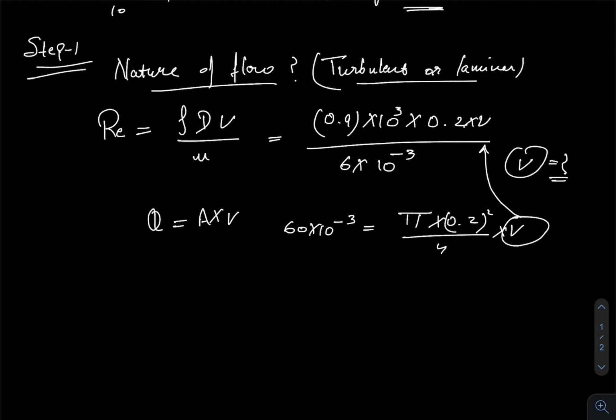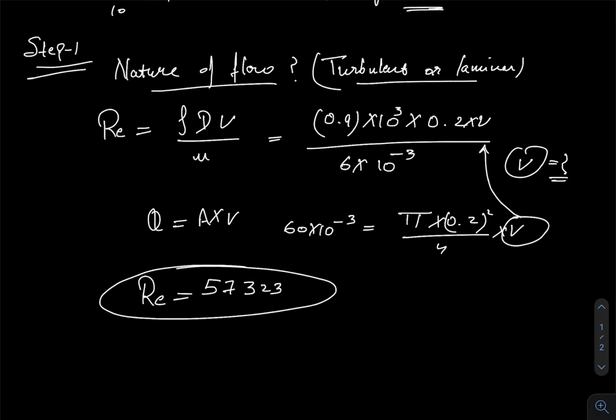When you solve this, you will find that the Reynolds number comes out to be 57323. This implies that the flow is turbulent.